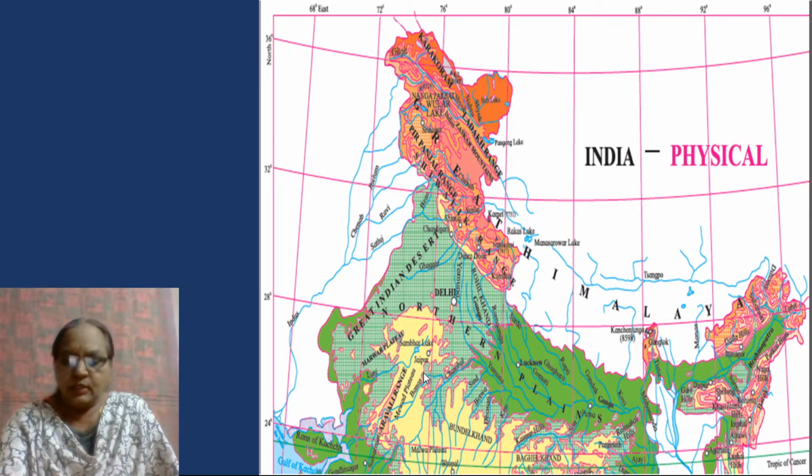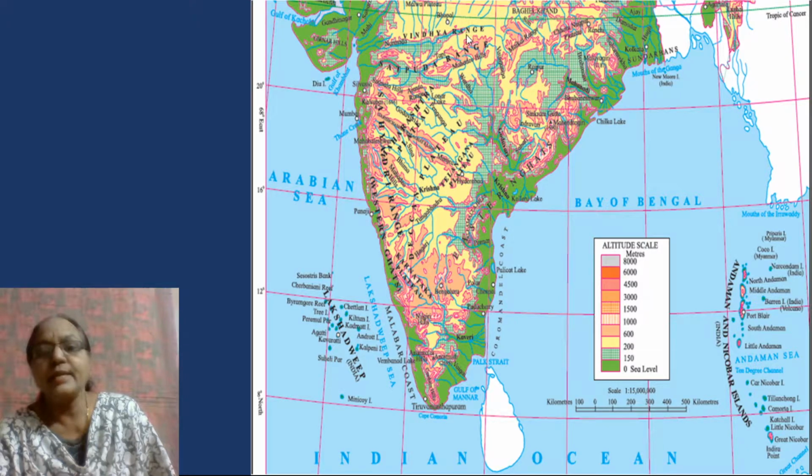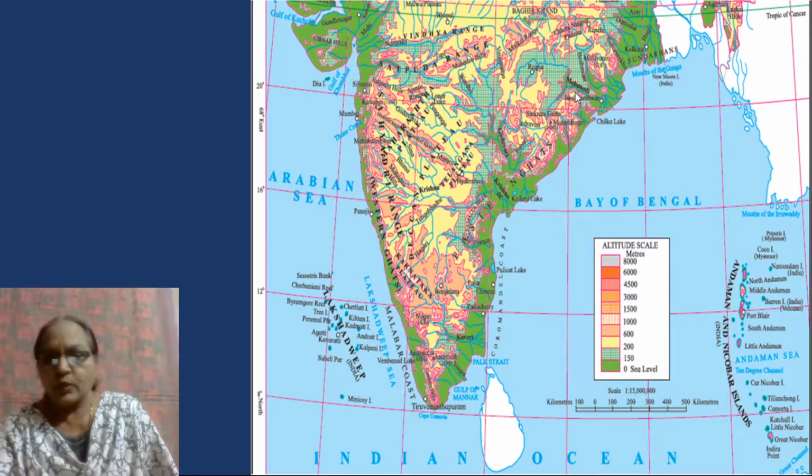Now it is made up of smaller hills and mountain ranges. As I said, we have the Vindhya range, then the Satpura ranges. Then we have the Maharashtra plateau here, and apart from that, we also have the Western Ghats on the west and the Eastern Ghats on the east.